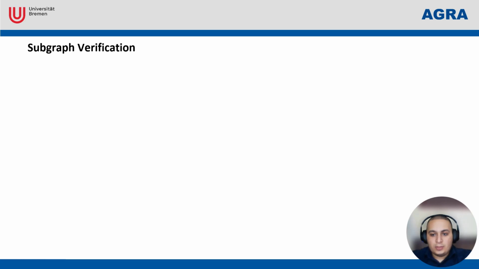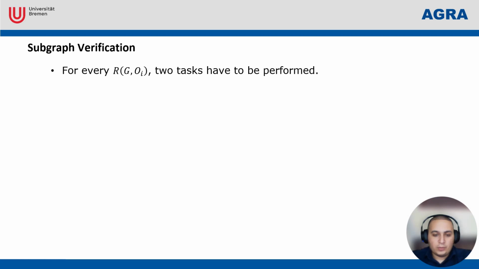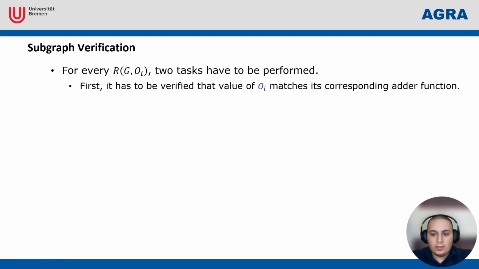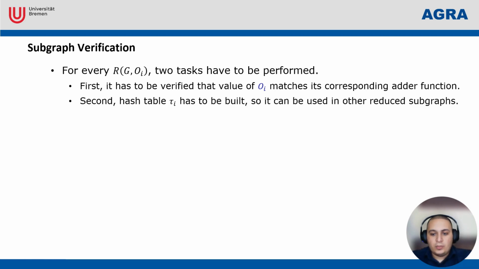Now for each reduced subgraph, we have two tasks basically. One is to verify whether it matches the adder function, and then we need to construct the hash table so it can be used in the later subgraphs.